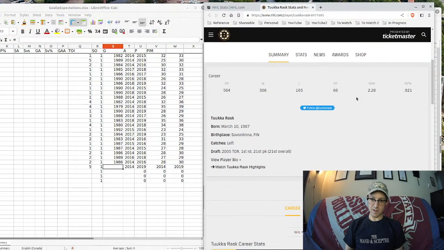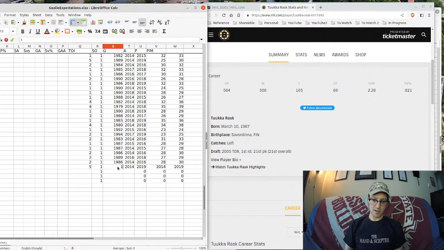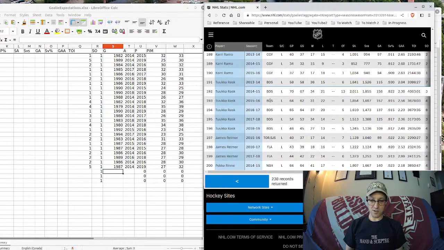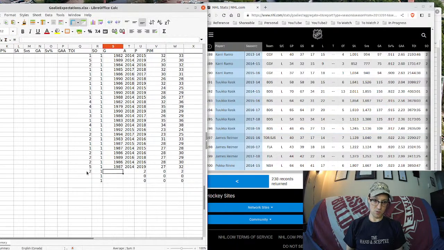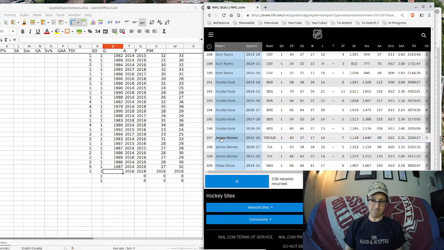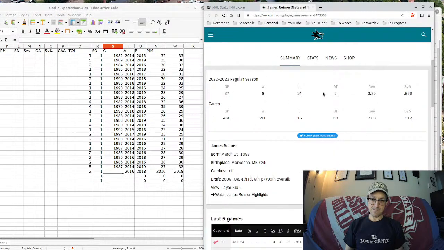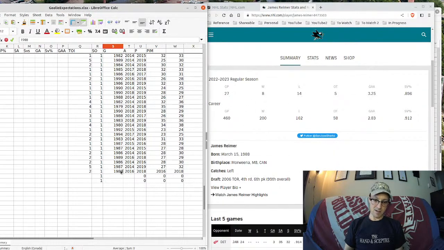Sucks about Rask being injured so bad that he had to retire. He was such a good goalie. And he had, I think, a lot of good years left if he wasn't hurt. Sucks. 5, 6, 7 is 2. 2016. 1988.